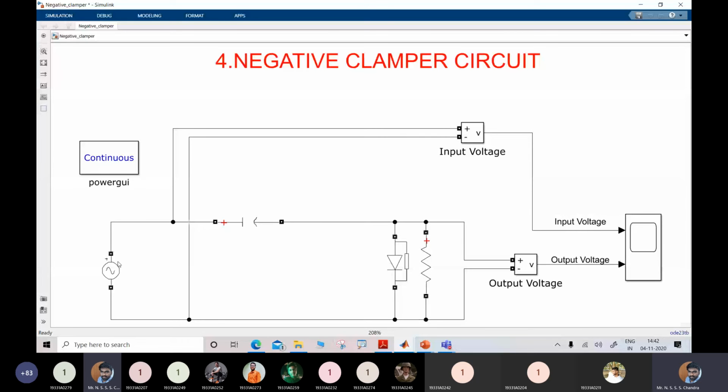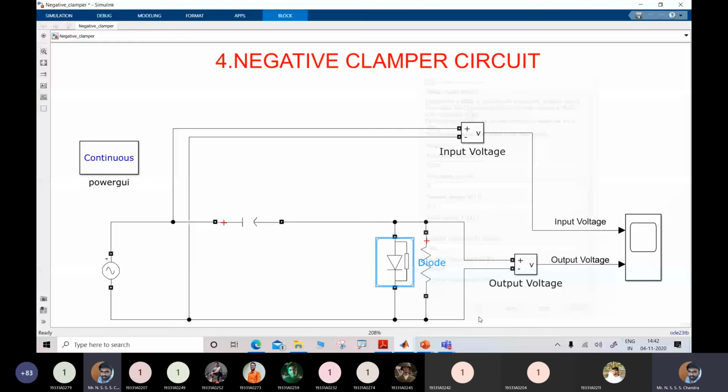So when you have a positive peak in the input, you will observe only 0.7 volts in the output. When you have 0 in the input, you will be observing minus 9.3. When you have minus 10 volts in the input side, you will be observing minus 10 minus 9.3, that is minus 19.3.